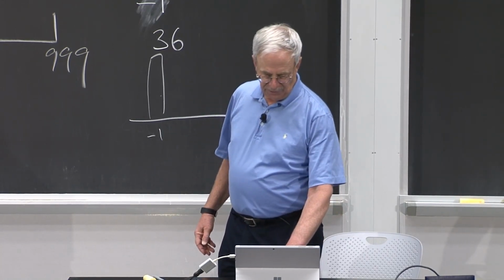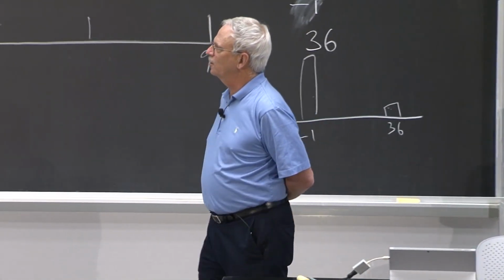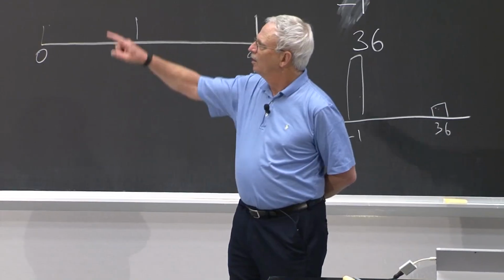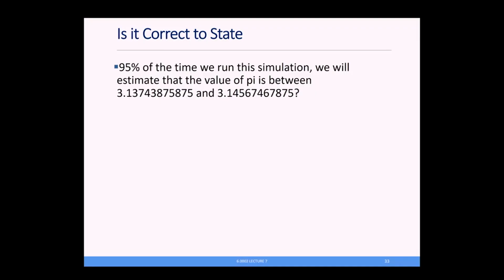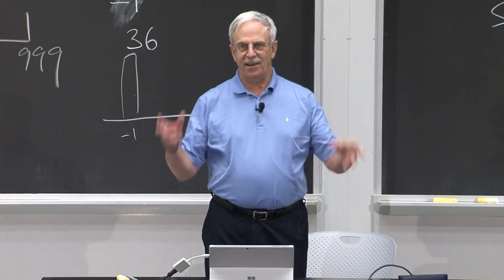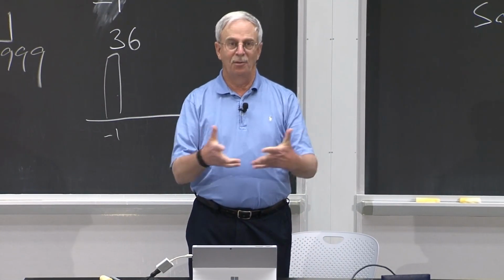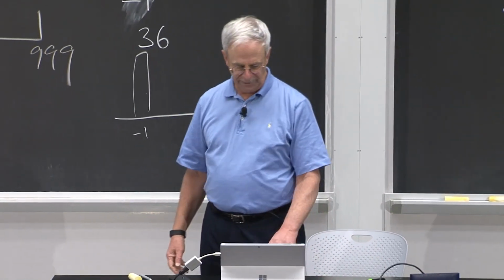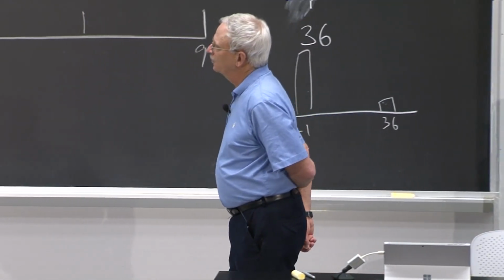So let's look at some things. Is it correct to state that 95% of the time we run this simulation, we'll get an estimate of pi between these two values? I don't expect you to do the arithmetic in your head, but the answer is yes. So that is something we believe is true by the math we've been looking at for the last 2 lectures. Next statement.